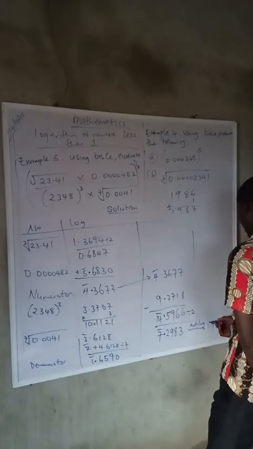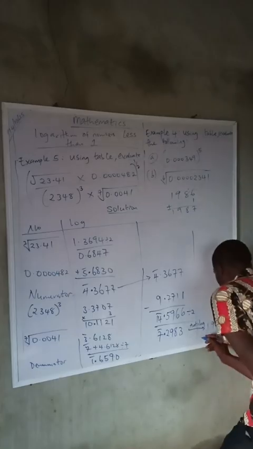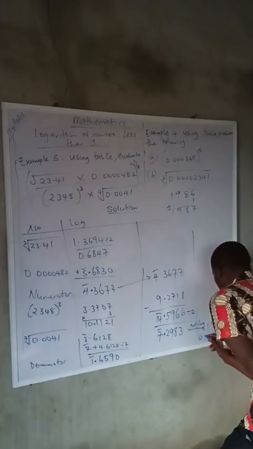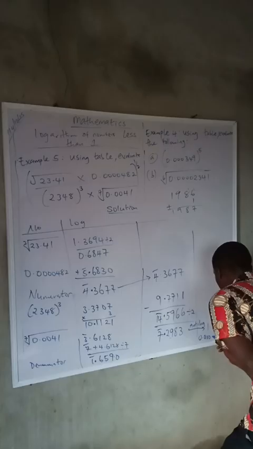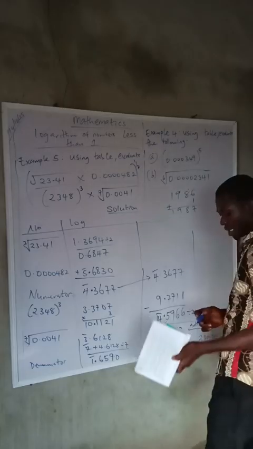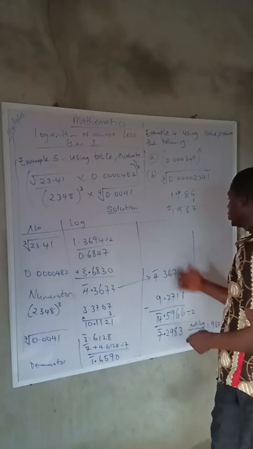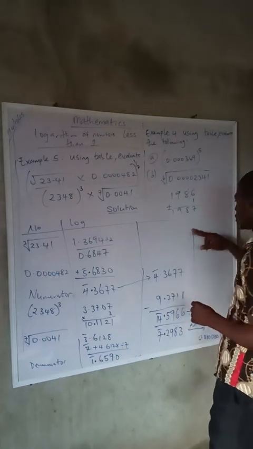And finally, you just have to shift this point once. Our final answer is going to be 0.000001987. That's the answer to that question. You can see it's very simple. So that's the solution to that question.